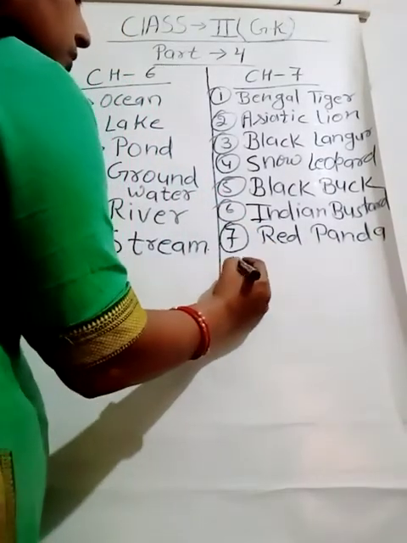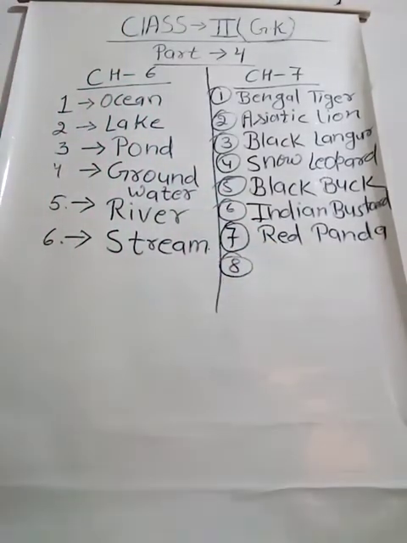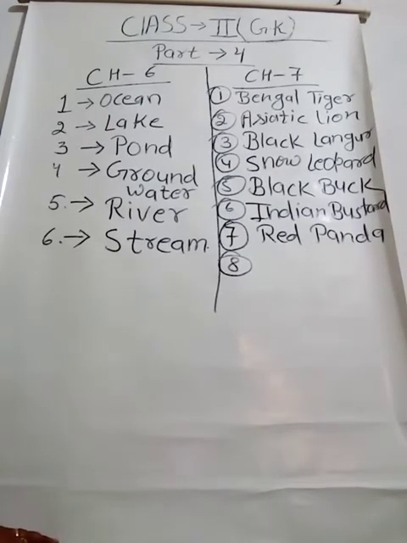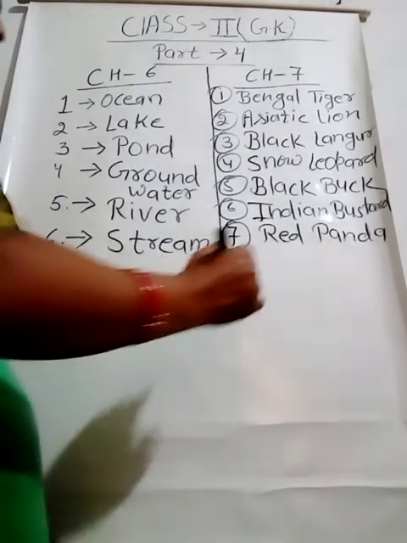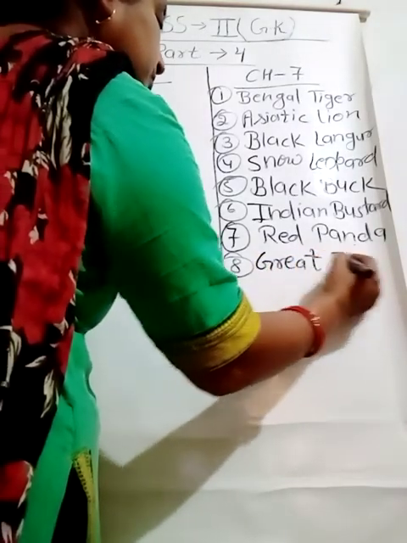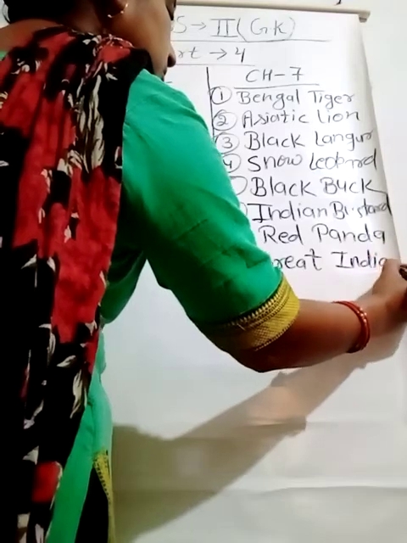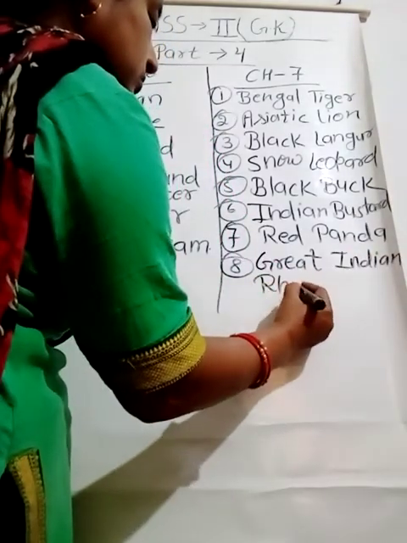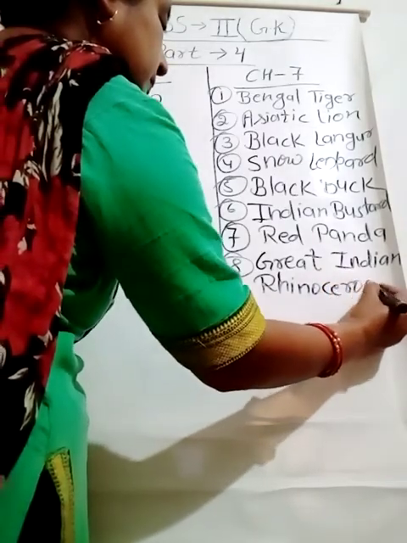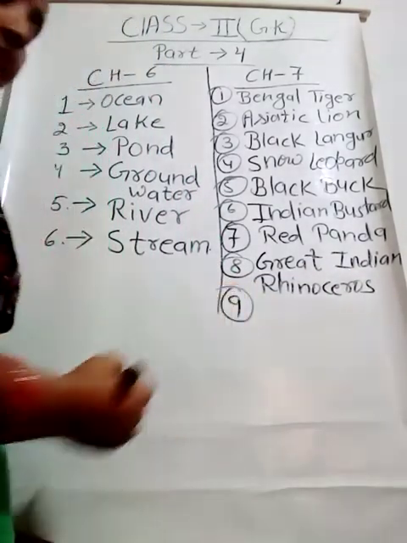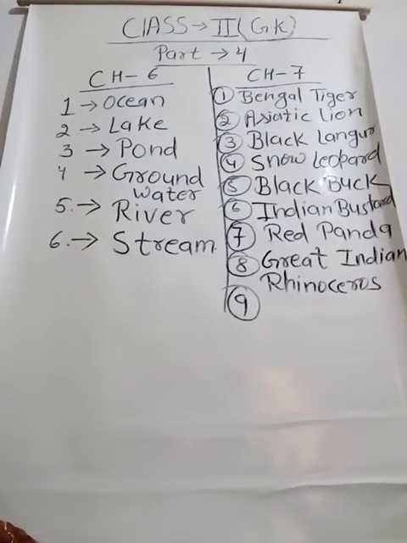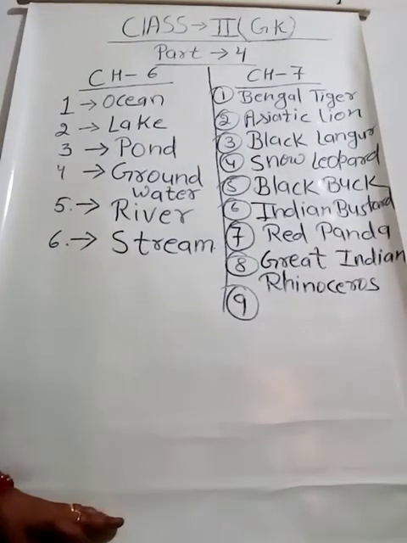Number 8, it looks like a rhinoceros, so it is called the Great Indian Rhinoceros. In number 9, what is this? It looks like a fish. It is the Indian dolphin.